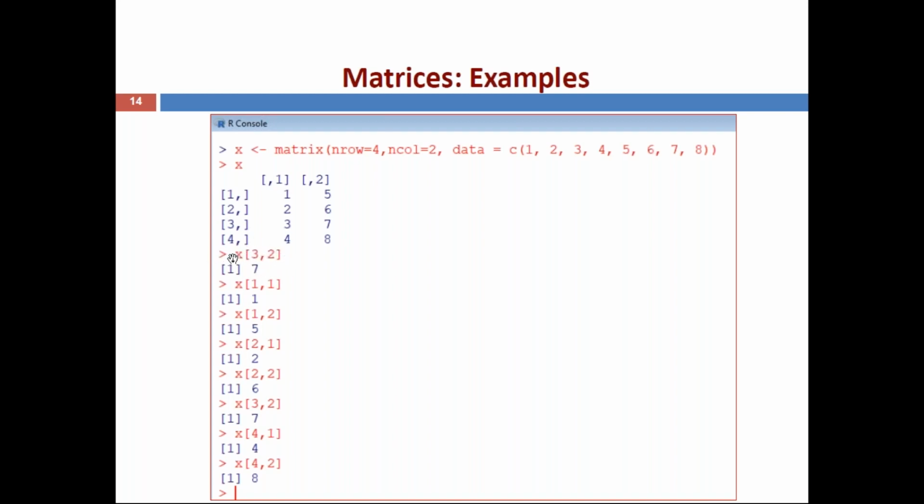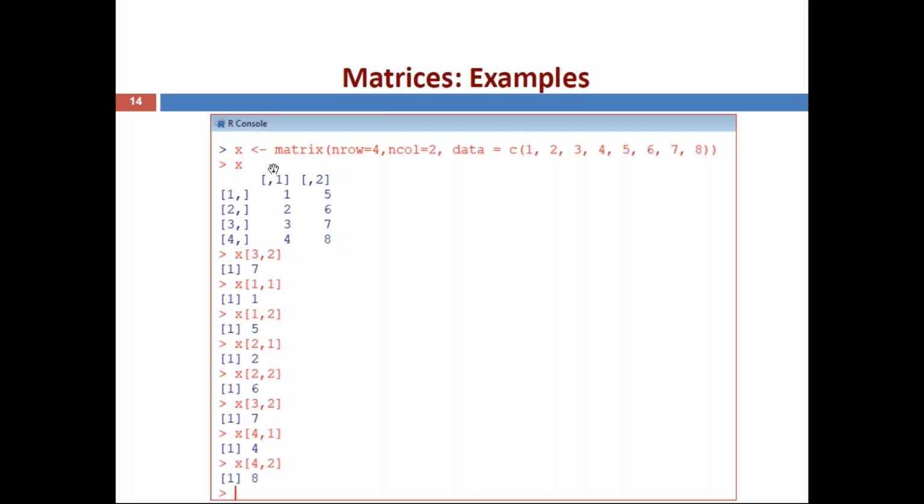In the first example here we have given i as 3, j as 2. That means third row, second column. See 3, 2, third row, second column. What is the element here? 7. Another example, x of 1 comma 1. That means first row, first column.